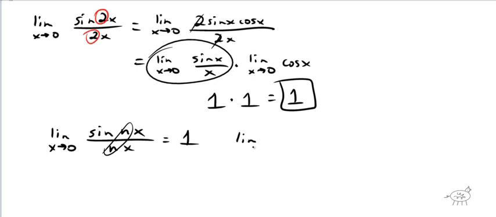And you can do the same thing with limit as x approaches 0 of tangent of nx over nx. That's not to a power, just to make it clear. That equals 1. But again, those coefficients have to be the same in order for it to equal 1. Very, very important.